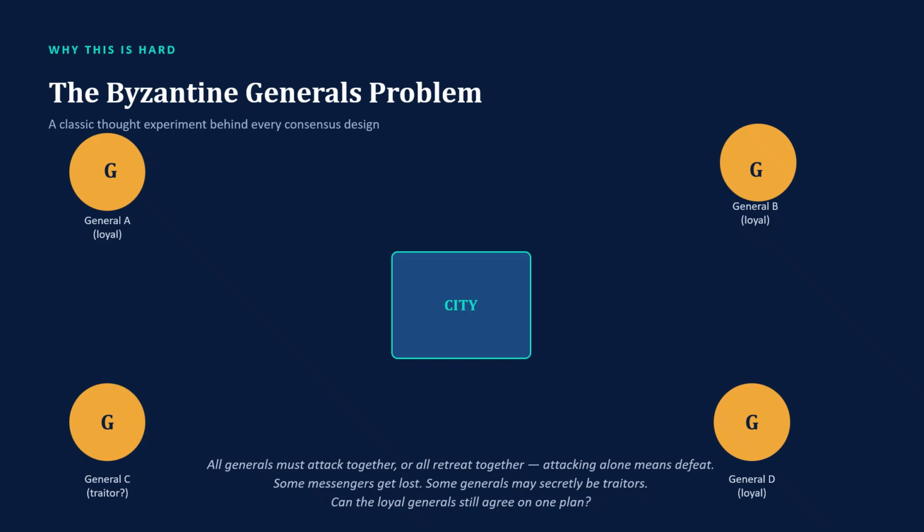The question is, can the loyal generals still reach the same decision despite unreliable communication and active traitors? That's exactly the problem a blockchain faces. Replace generals with nodes and attack or retreat with which block is next, and you have the core challenge every consensus mechanism is built to solve. So let's see how we are going to solve this hard problem.